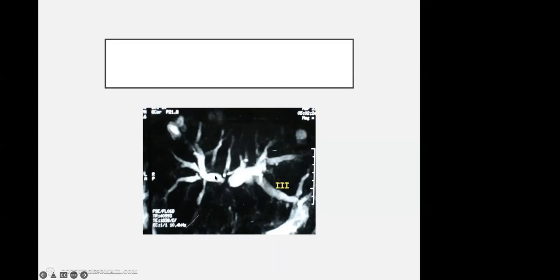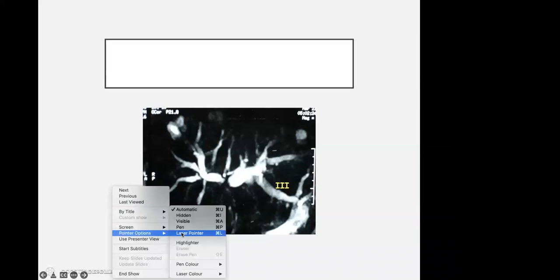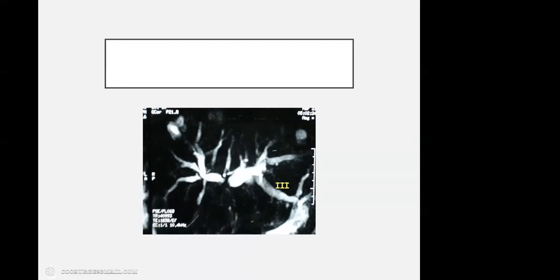Here you could see the right duct, so here this is the right hepatic duct, this is the left hepatic duct. They should have joined here and formed the biliary ductal confluence, and then the common hepatic duct, and then somewhere here the cystic duct would join, and then the common bile duct draining into the ampulla.